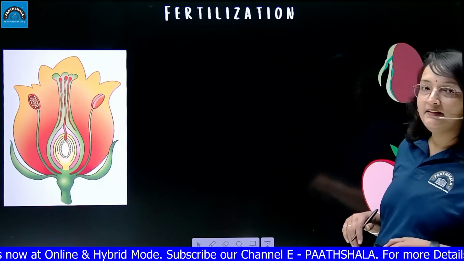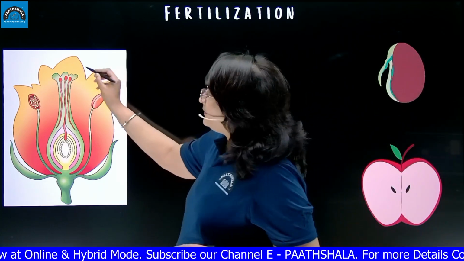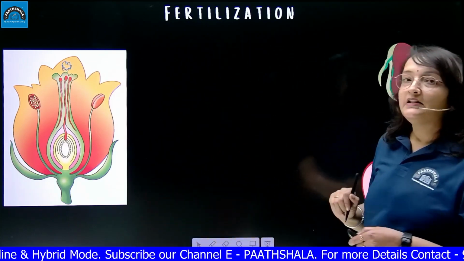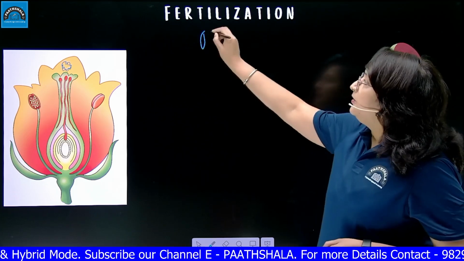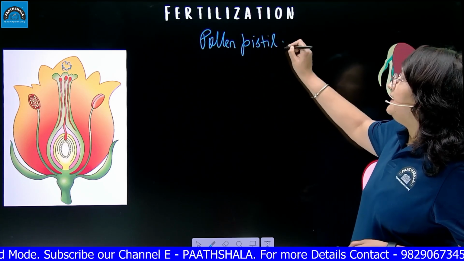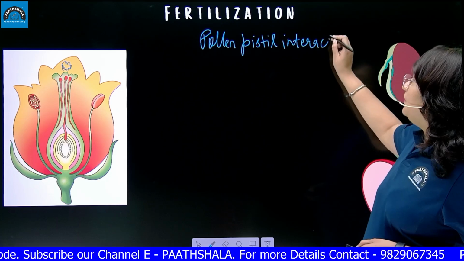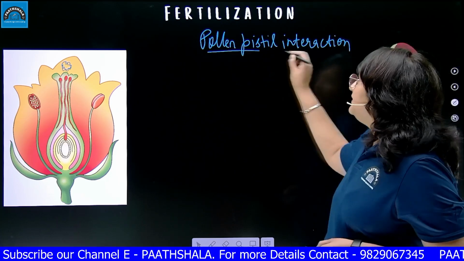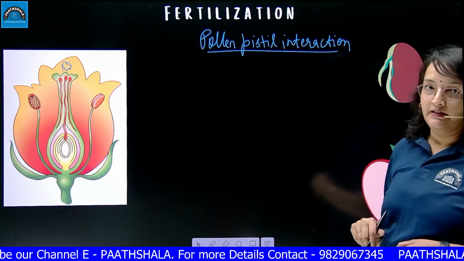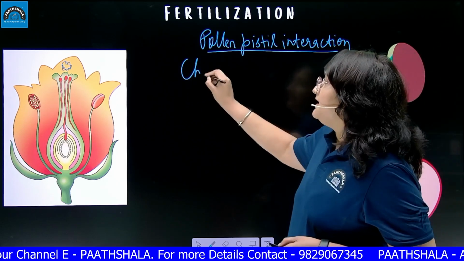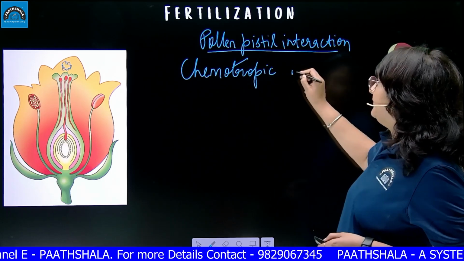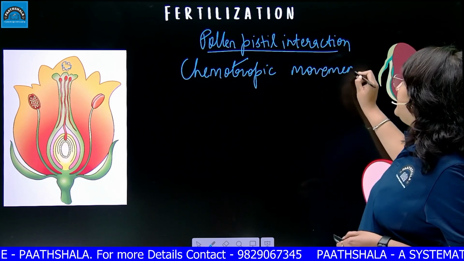Once the pollen grain reaches the stigma, what will happen? Fertilization will take place, or we also call it pollen-pistil interaction. When the pollen grain comes in contact with the pistil, mainly the stigma region, there will be pollen-pistil interaction. This pollen-pistil interaction is a chemotropic movement that we have studied in control and coordination.